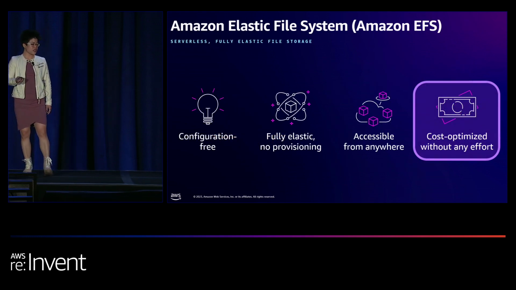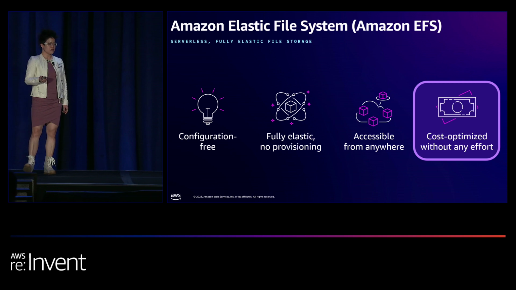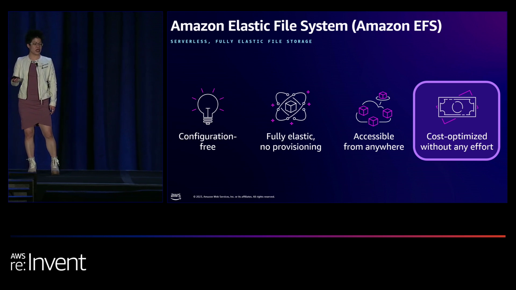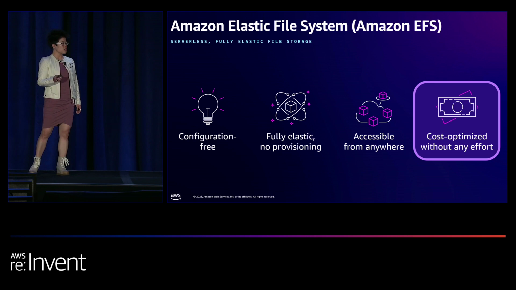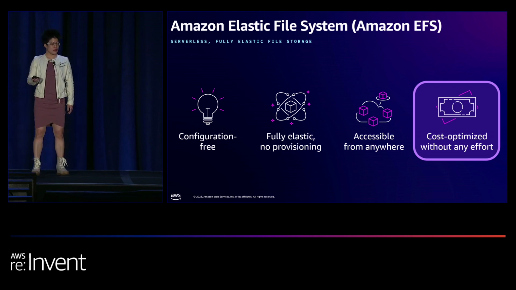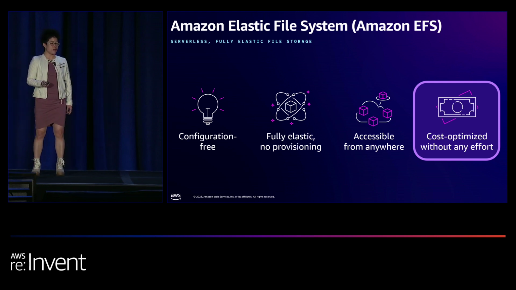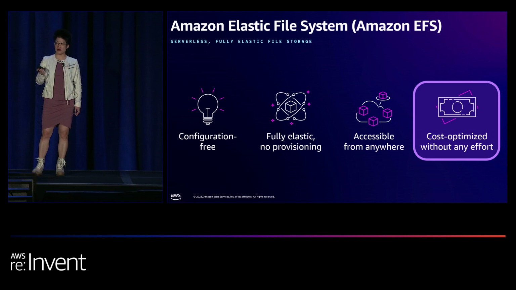Amazon Elastic File System is designed to provide configuration-free, fully elastic file storage that lets you share file data without provisioning or managing storage capacity and performance. It can be used with AWS services and on-premises resources. It is accessible from anywhere, and it's built to scale to petabytes without disrupting applications.